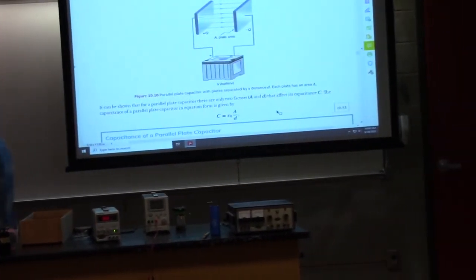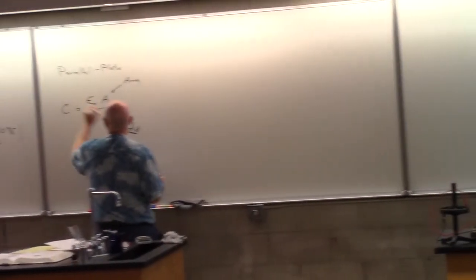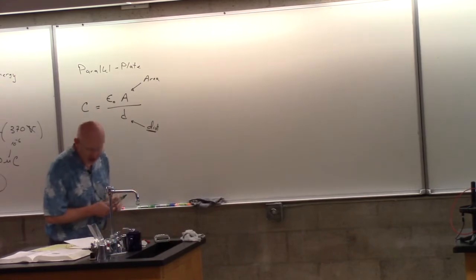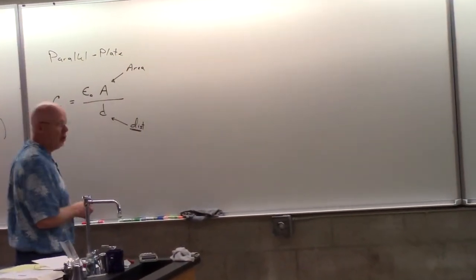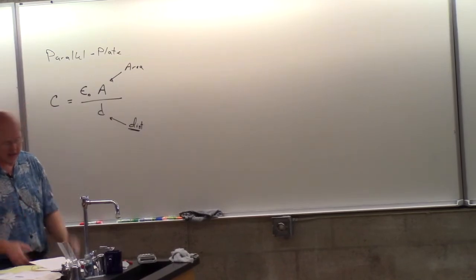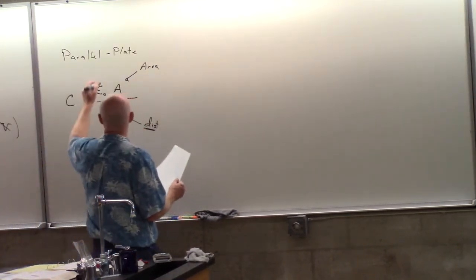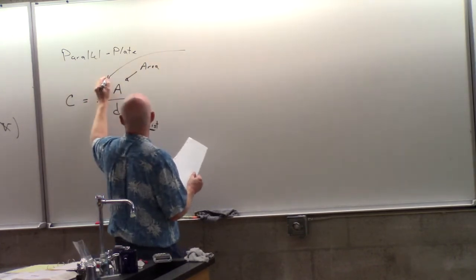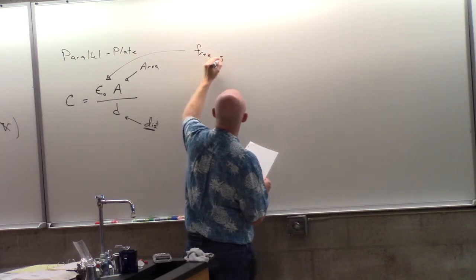versus the big D. Now, there is one more factor here, and that factor really is, what do you put in between the two plates? We right now are putting what I will call free space.